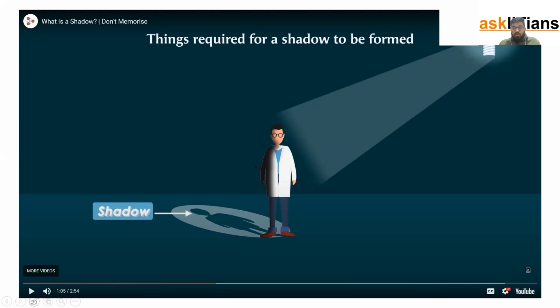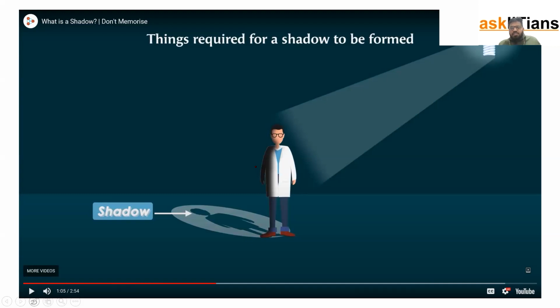Now you will be able to observe the shadow of that friend. So what is the basic difference between the first case and the second case? The basic difference is the presence of a screen. In the first case, when you were incidenting light on the face, there was no screen present behind the person. But in the second case, the cardboard sheet was present, which was acting as a screen.